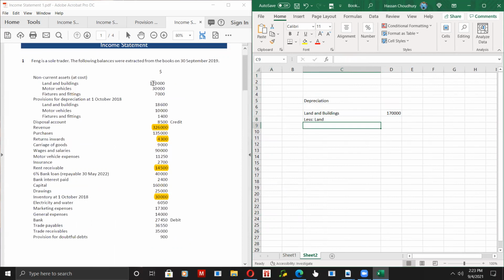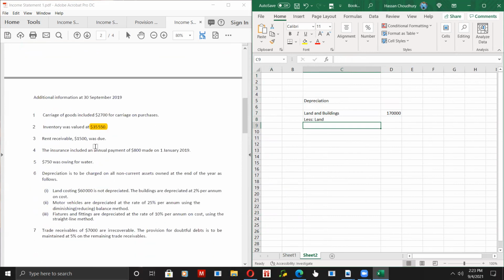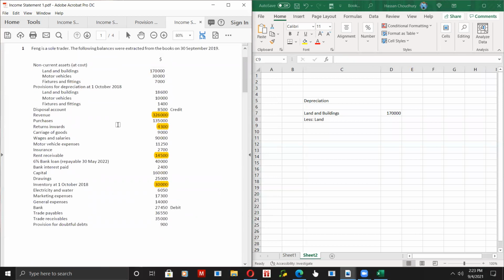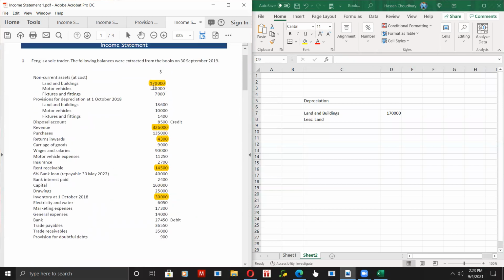Because you see over here, land and building 170. Now they mentioned over here, land costing 60,000 is not depreciated. So out of the total value of 170,000, which includes both land and buildings, land is not depreciating. So we need to take it out. So we minus our land figure, which is 60,000.